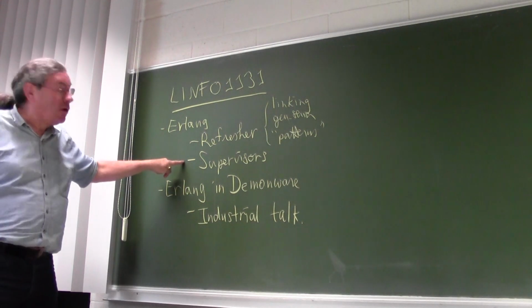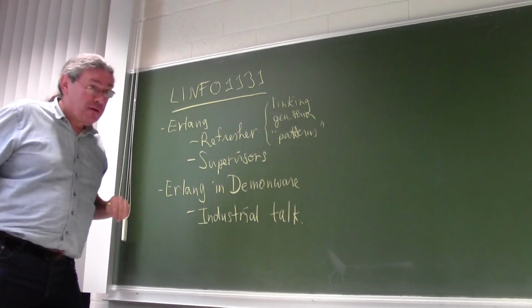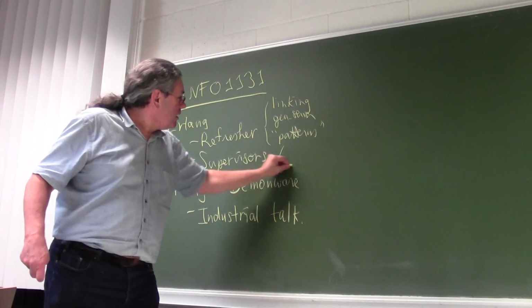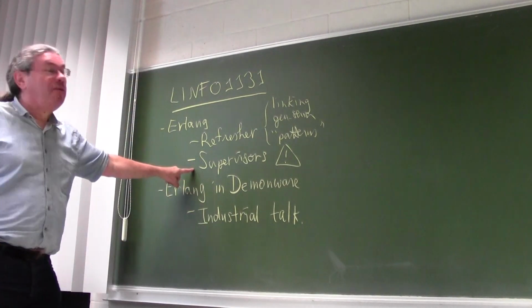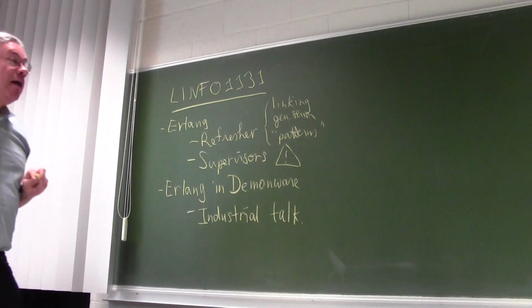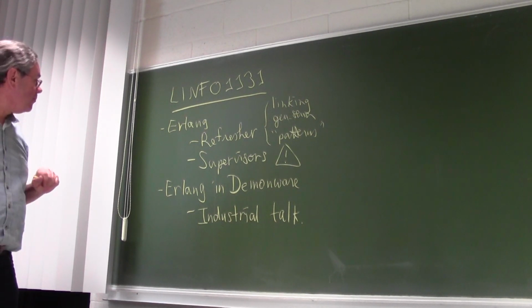And then I want to talk about supervisors, and I will show you the complete code of a simple supervisor. This is really the magic of Erlang, how the supervisors will help make the behaviors reliable.